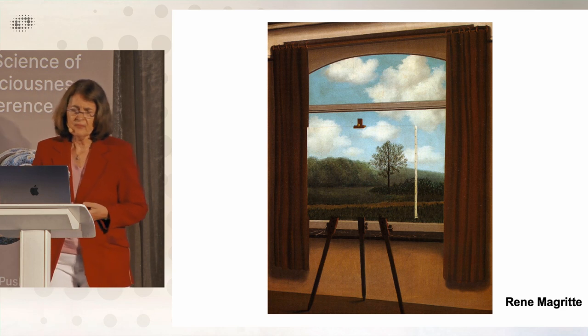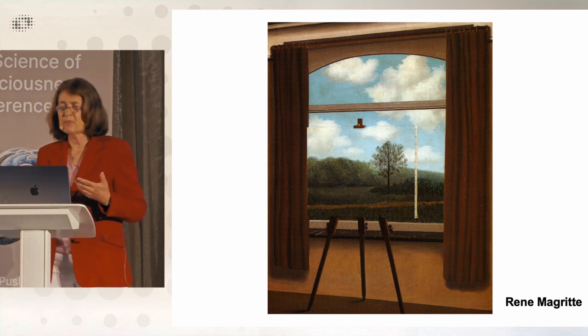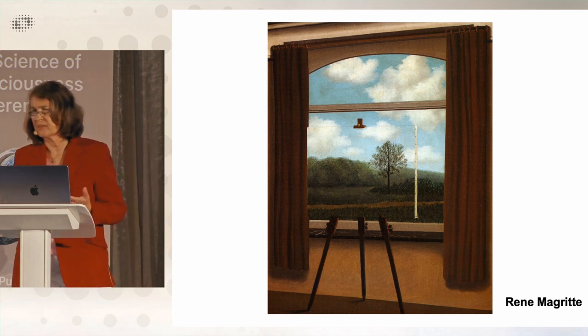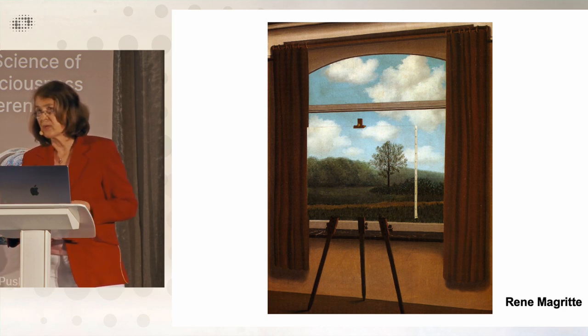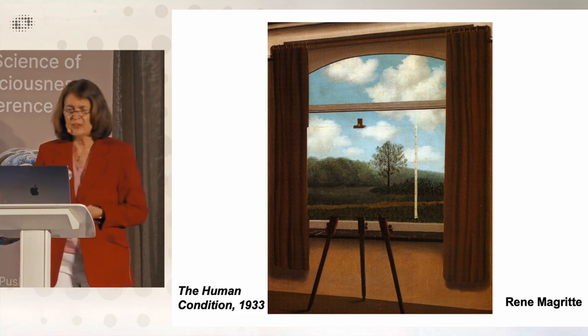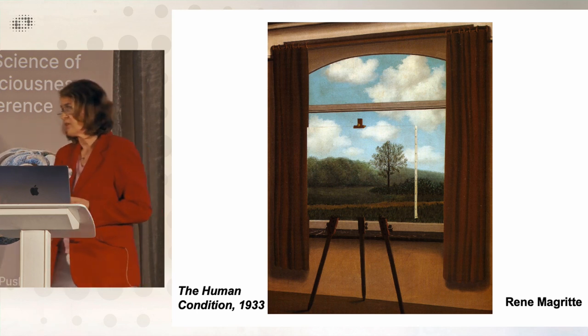And this dimension of visual experience has a very deep philosophical dimension and direction. And Magritte was very, very well aware of this when he termed this painting the human condition.